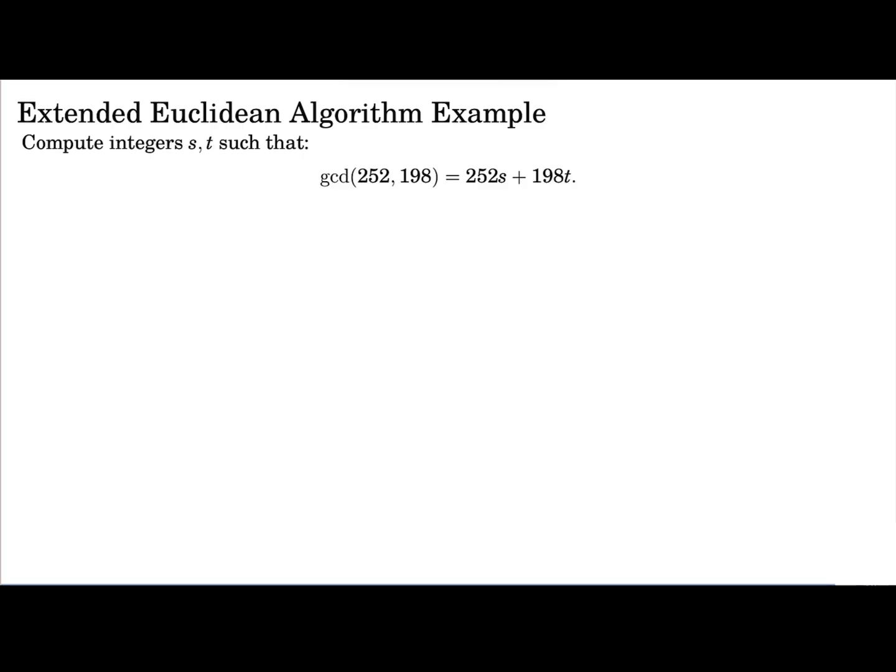So let's say that we want to find how we can write the GCD of these two numbers as a linear combination of them. So the first step is going to be actually doing the Euclidean algorithm, which will also give you the GCD.